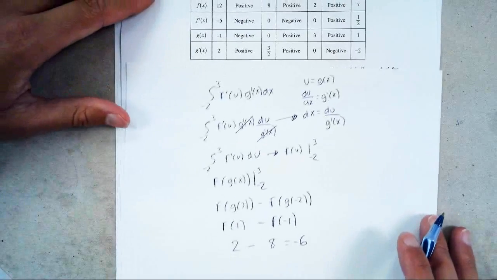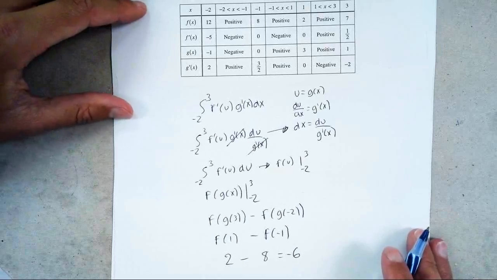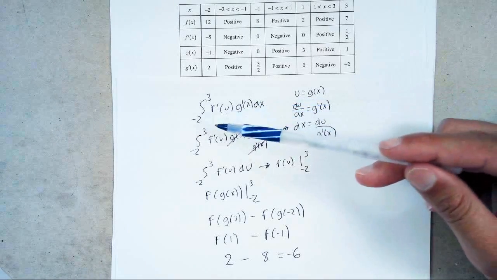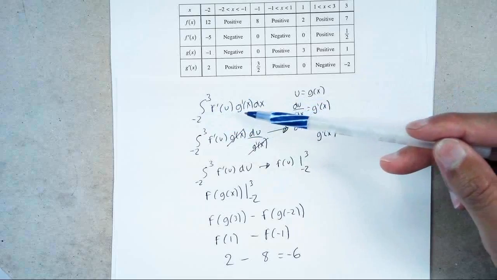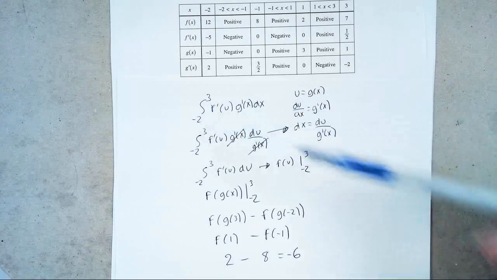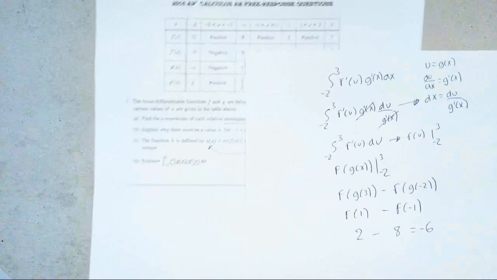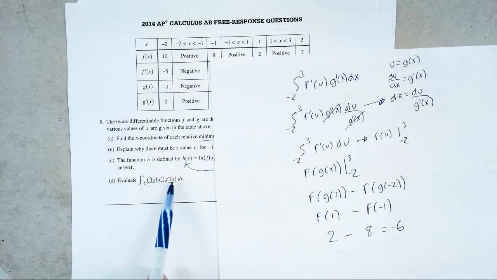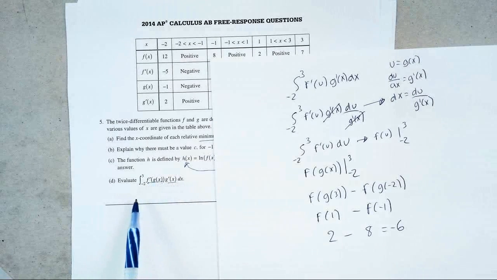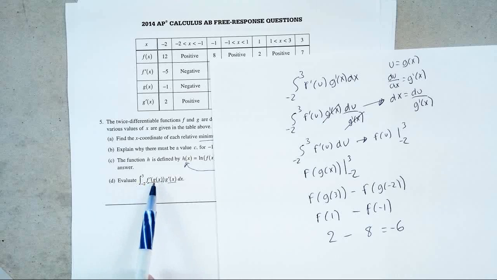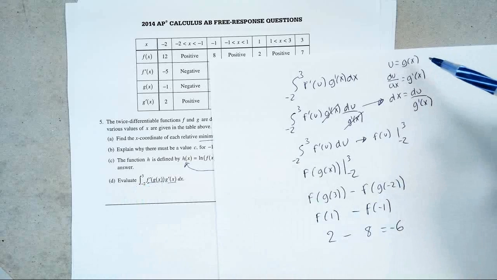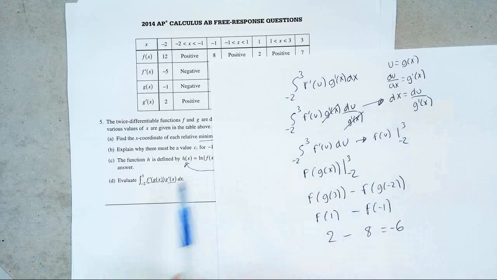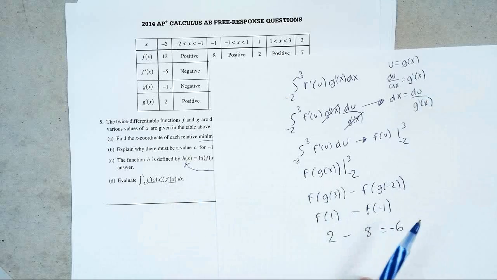So the hardest part on this table is the fact that you had to know when you're trying to find the antiderivative from negative 2 to 3 of f prime of u, g prime of x, because this equation, which I'm going to keep on the side, had an equation times an equation, you knew that you had to do u substitution. Your u would happen to be the inside, so that when you found your derivative of u, you got du over g prime of x, which would end up canceling this out, which it did here.